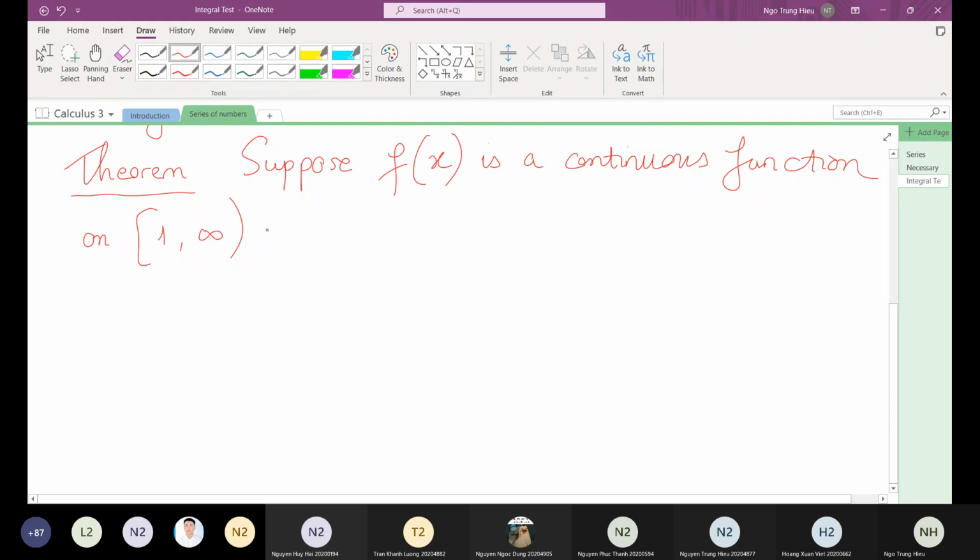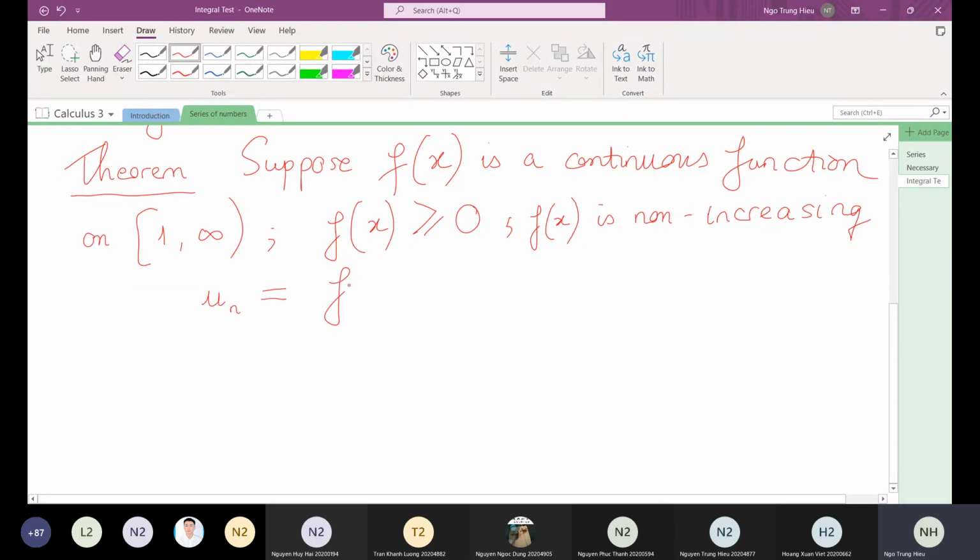And we suppose that f of x is non-negative, and that f of x is decreasing, or actually non-increasing. So we will form a series by first forming a sequence, where u sub n is f of n.